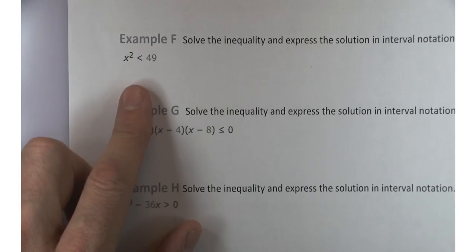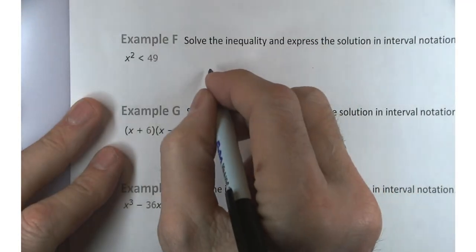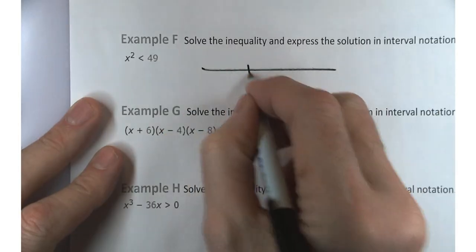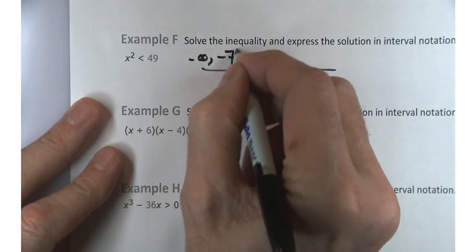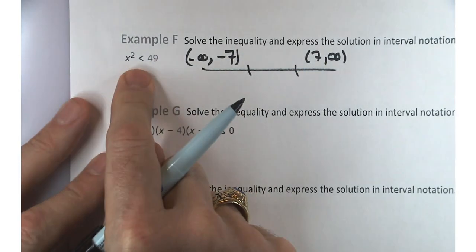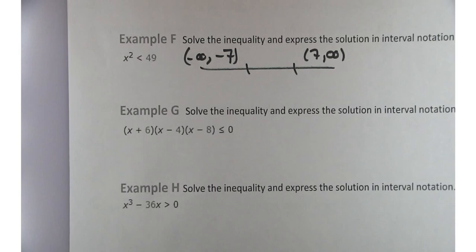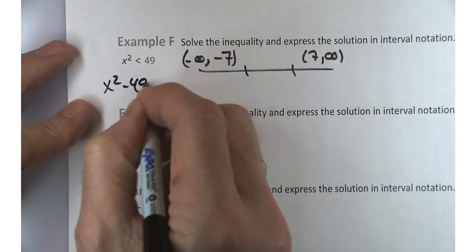Because that would just give you x is less than 7. But there's really 2 solutions in this one. And your final answer should really be these 2 intervals. Negative infinity to negative 7 and positive 7 to infinity. If you just take the square root on both sides, you're only going to get one of them. So you would start out by doing this and then going from there.